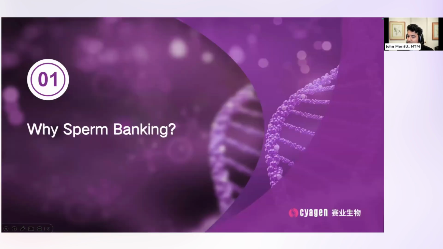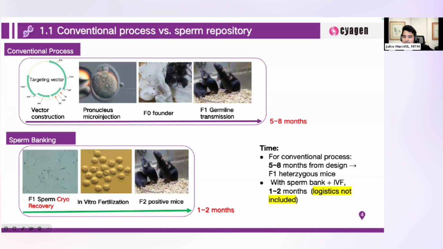The first question that we get from customers is, why sperm banking? In essence, we perform sperm banking because of economics. Traditionally, generating a knockout mouse model requires a lot of time-intensive steps, from the single guide RNA design, vector construction, pronuclear injection, and then back crossing, just to generate an F1 generation line.